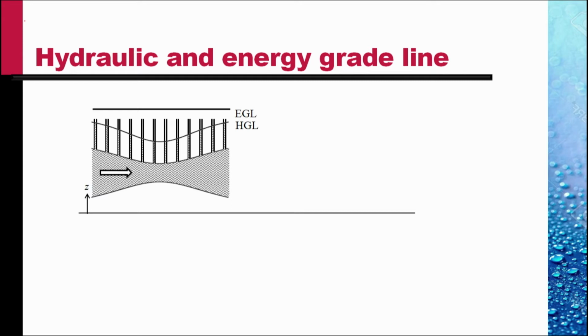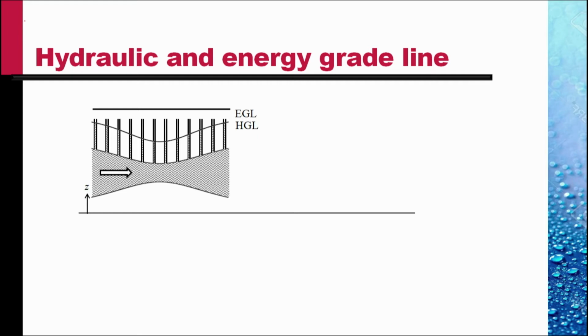Thus, the piezometric tubes attached to the channel would show a level of water first decreasing and then increasing as shown. This represents the variation of piezometric head along the length of the channel. It represents Z plus P by rho g. This is called the hydraulic grade line in civil engineering.